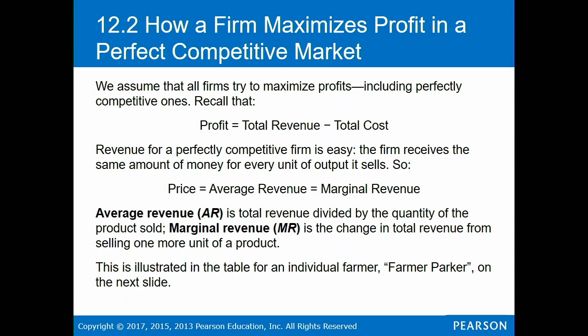Average revenue is the total revenue divided by the quantity of the product sold. And marginal revenue is the change in total revenue from selling one more unit of that product, the additional revenue from one more sale. So the average revenue equals total revenue divided by the quantity.